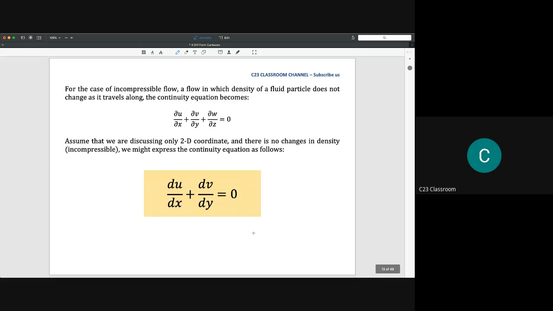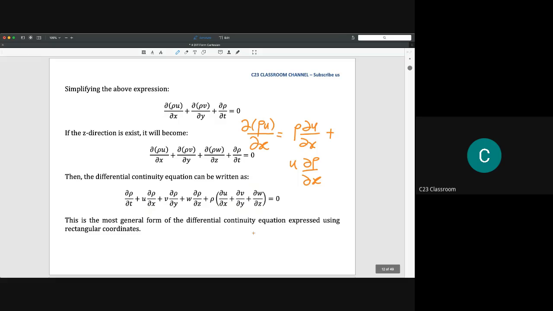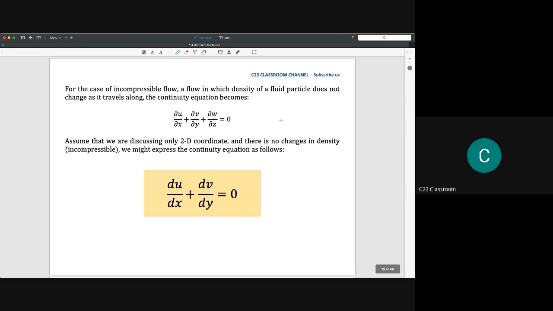And then it depends on the textbooks. In the textbook it depends on the situation, but in our class we are using the longer form of the continuity equation, because in many textbooks they will simplify this one because they are dealing with incompressible flow. Incompressible means the density of the fluid is not changing.